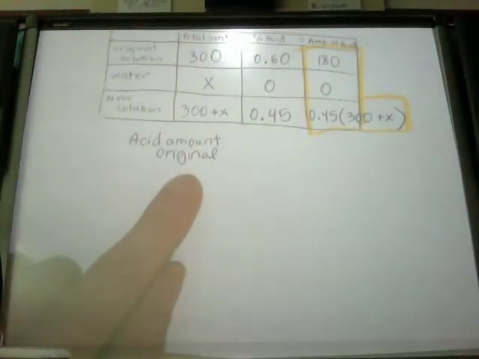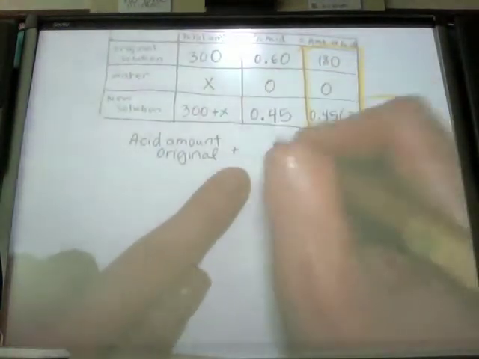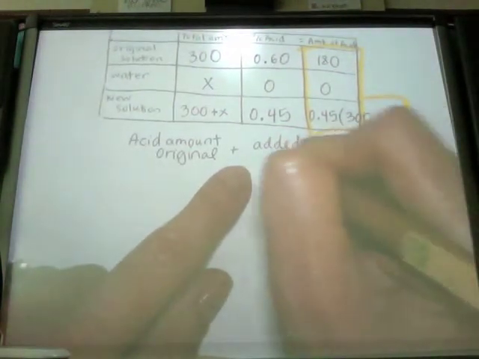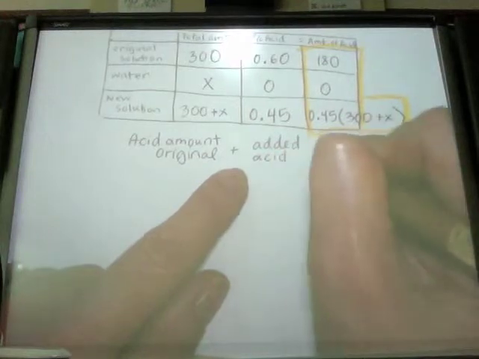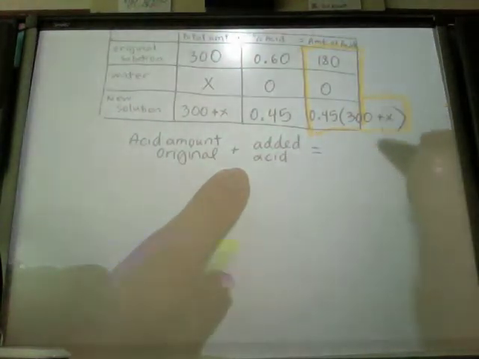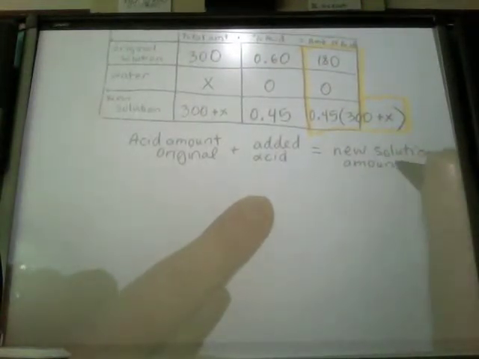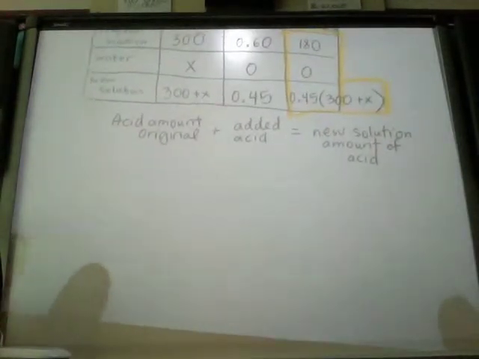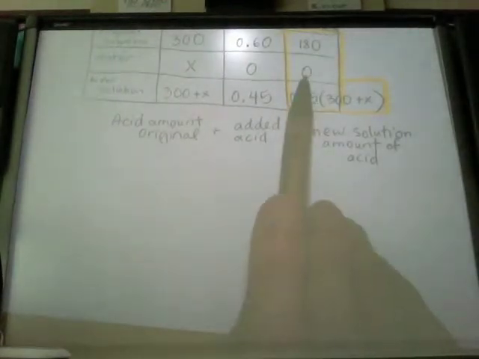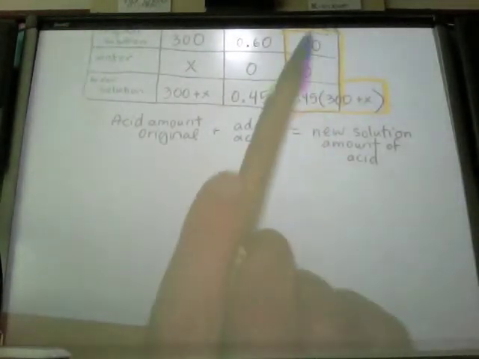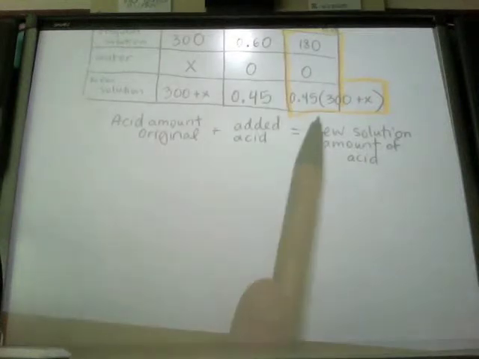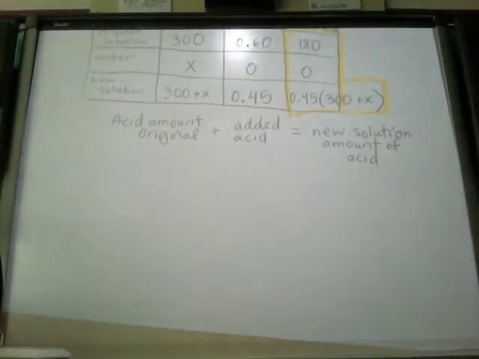The acid amount in the original plus the added acid equals the new solution amount of acid. I know it's a lot of words. If we take the acid amount of the original plus the added, now again, notice what's happening each time is we're taking this first box plus the second box equals the third box.